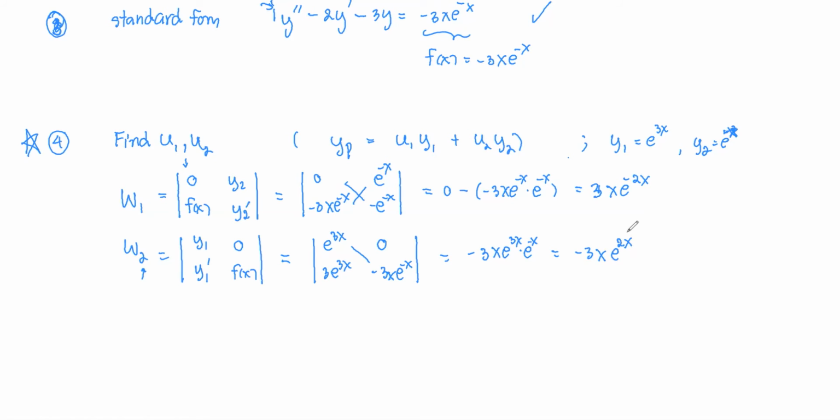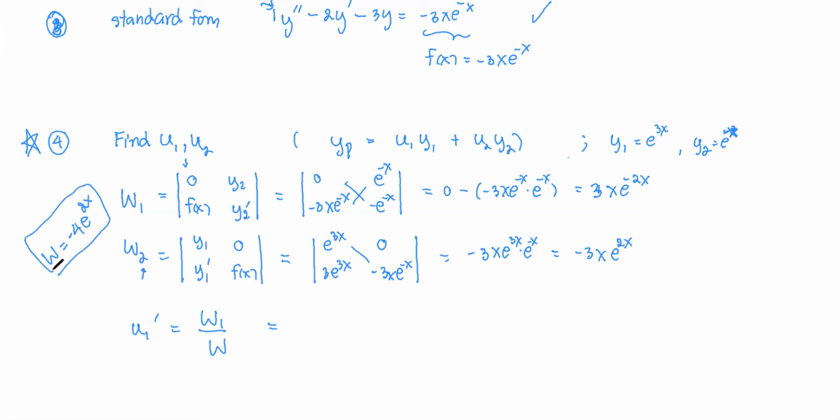Now we're going to use W1 to find u1 prime. So u1 prime is W1 over W. See the notation, subscript 1. And our W from step number 2 is negative 4 e to the 2x.